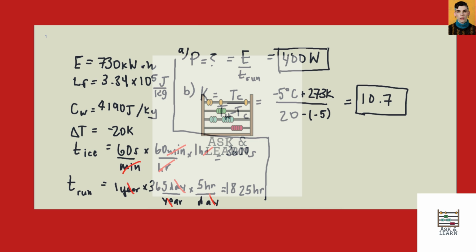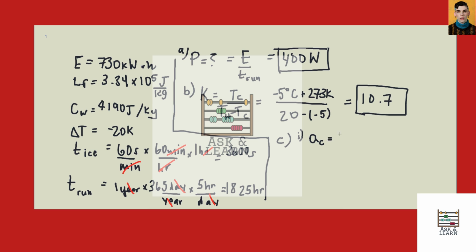Okay, all boxed up. So for part C, now we want to get to maybe a question you can actually picture asking. How much ice can this freezer make? For this, we need 3 equations. I thought about it ahead of time and organized it this way. One, we need to figure out how much heat is required to make ice.